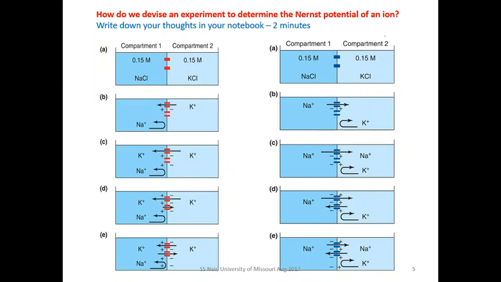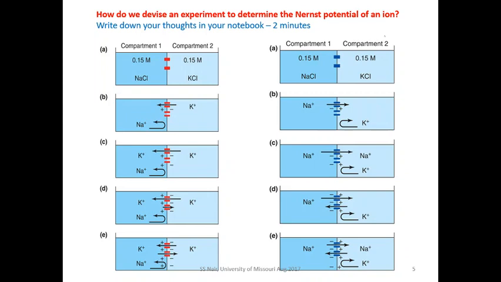So the chloride ions will continue to accumulate on the membrane wall in the right compartment, on the right side of the panels, as shown in panels B, C, D, and E. This then begins to create an electric field that opposes the flow of potassium ions from the right to the left.